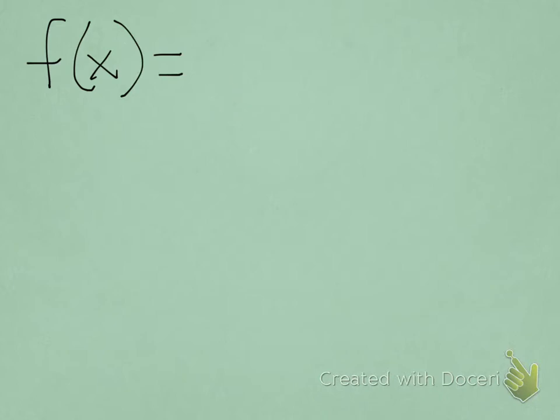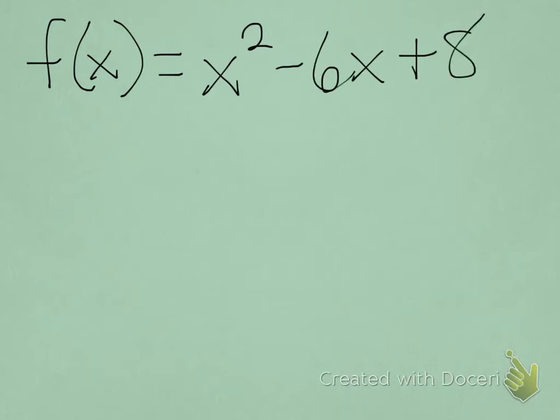So we are going to begin by defining our function f of x to be x squared minus 6x plus 8. And we are going to evaluate this function f when the value of x is 0. Okay, so notice the only thing that changed from our original f of x notation is that x has now been replaced with 0.